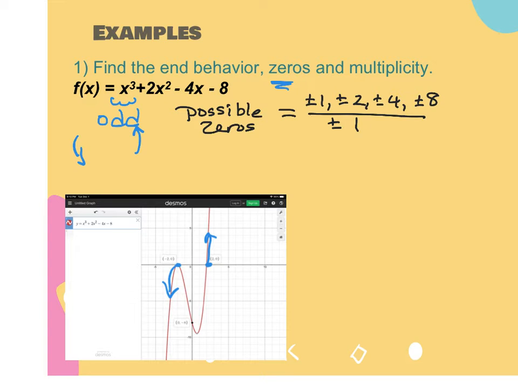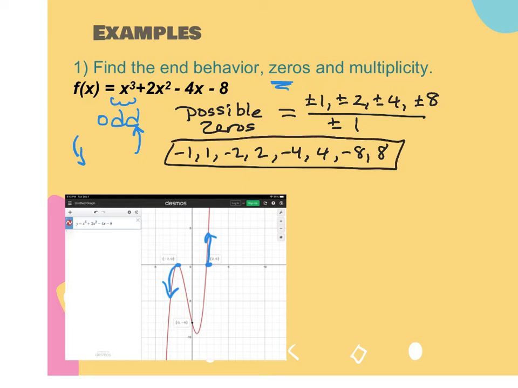So if you were entering this in WebAssign: -1, 1, -2, 2, -4, 4, -8, 8. This is the list of possible zeros. Now, if you were not using a graphing utility, you'd have to start going through this list and doing synthetic division until you get a remainder of 0. Well, I went ahead and keyed it into Desmos. I already know my zeros.